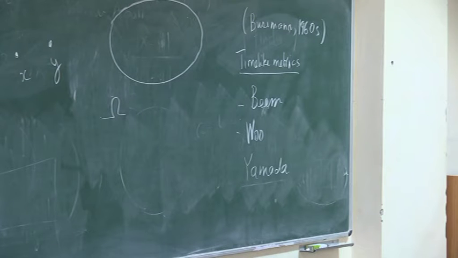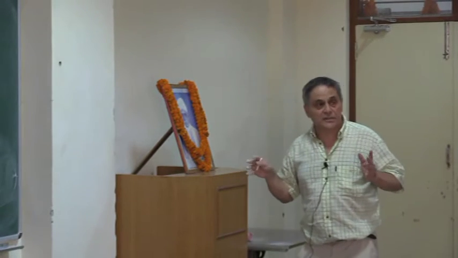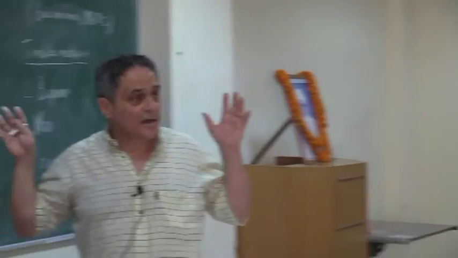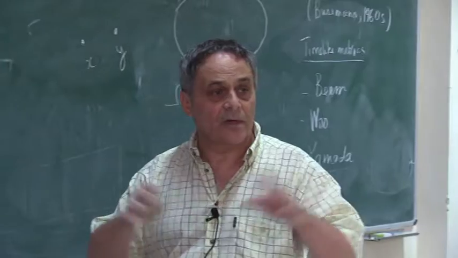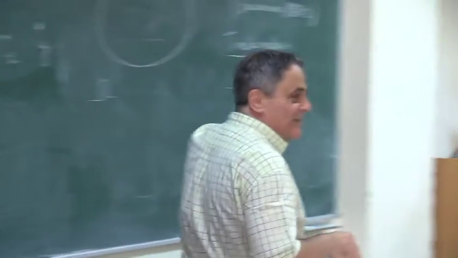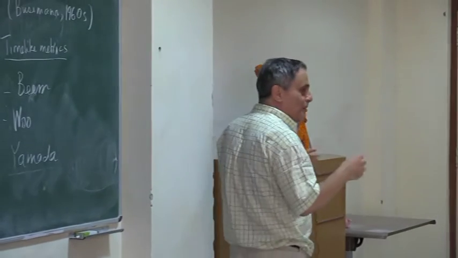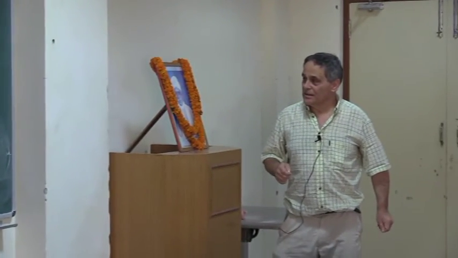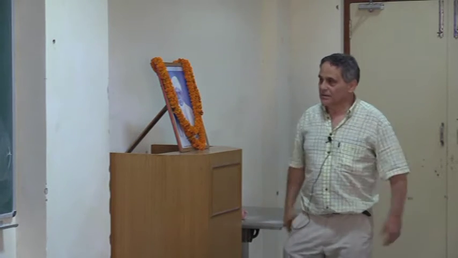I'm saying this because there are some not too difficult questions. It's not a subject where you have hundreds of people working on the same problem, so you are in competition with all of them. It's still not very crowded. It's a good subject for students, and also other people.